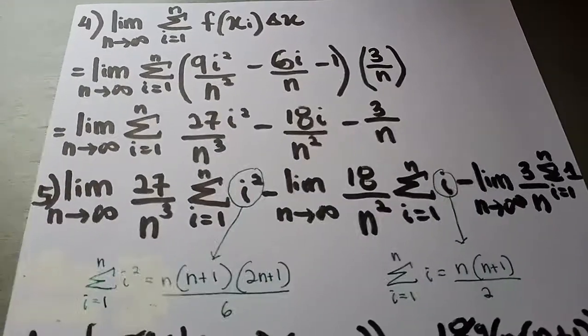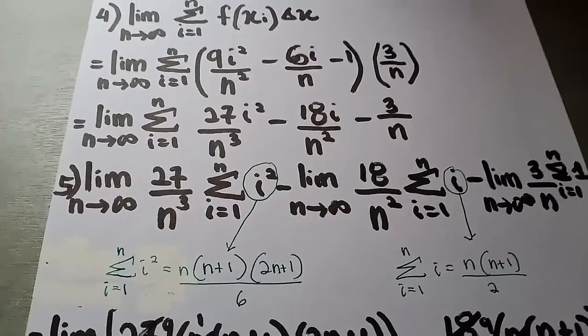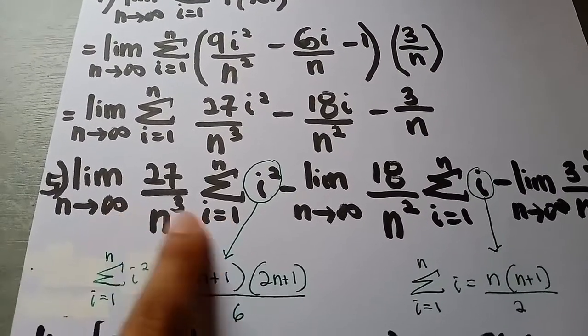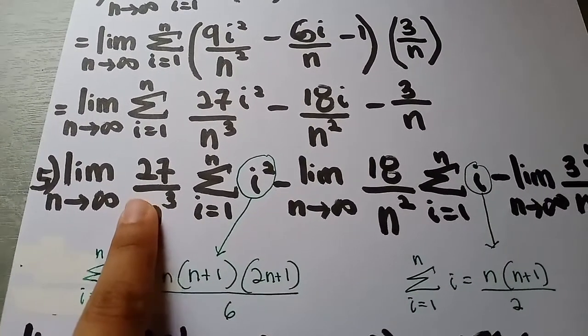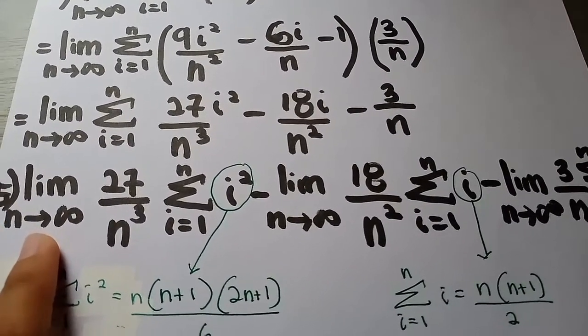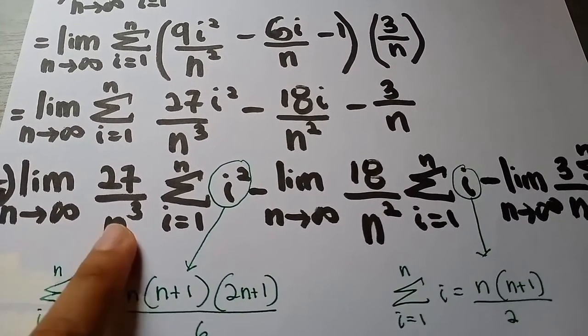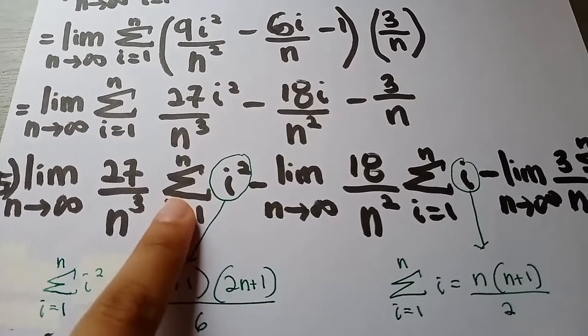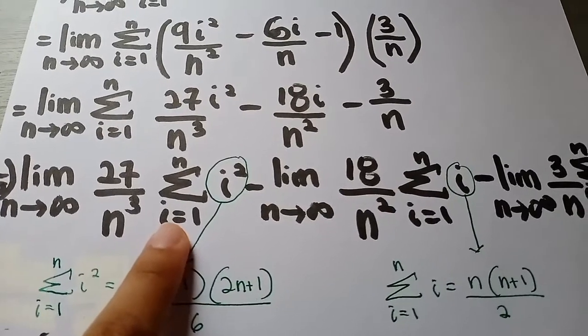Here the last step is we need to use the sum laws. But before that we need to separate it first, as the n is at the front and the i is after the summation, because the summation only needs i.